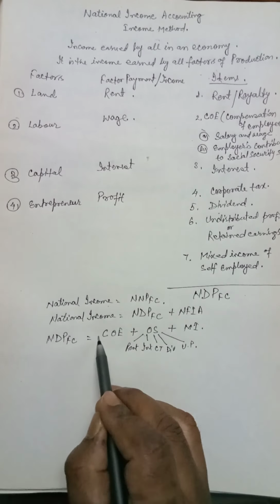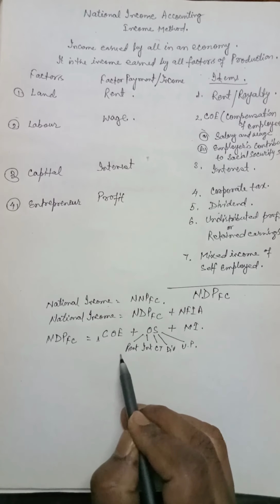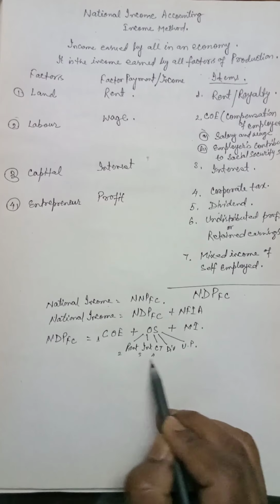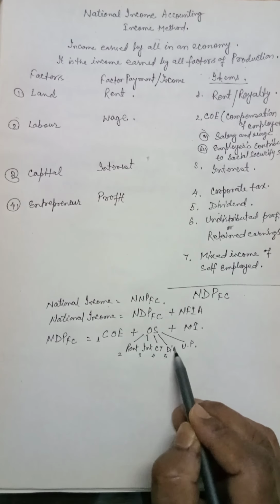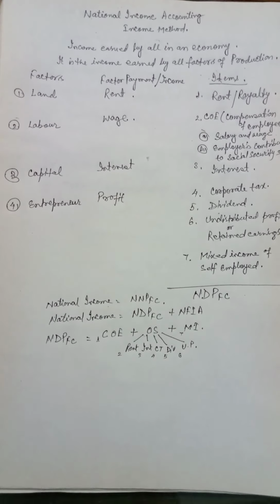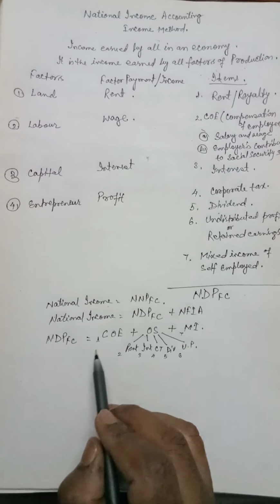So again, number one is COE, second is rent, third is interest, fourth is corporate tax, fifth is dividend, sixth is undistributed profit, and seventh is mixed income of self-employed.